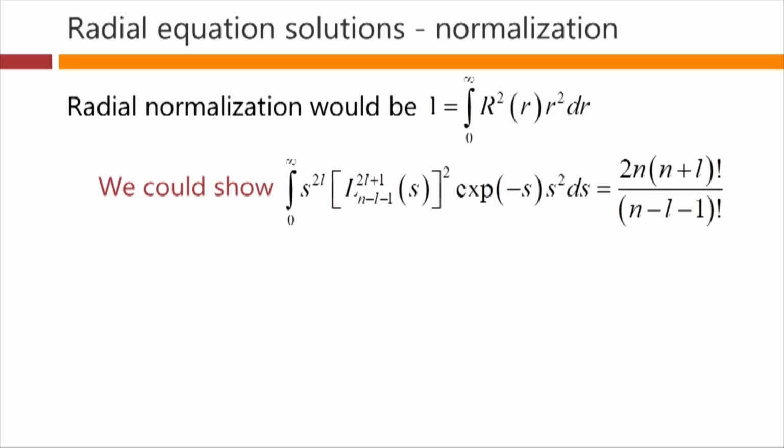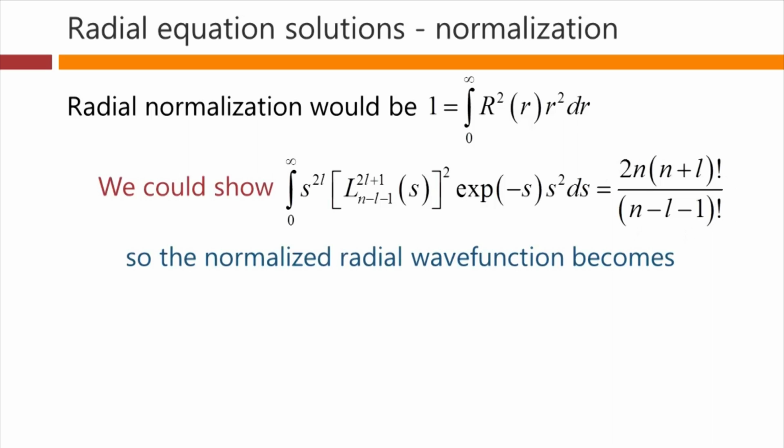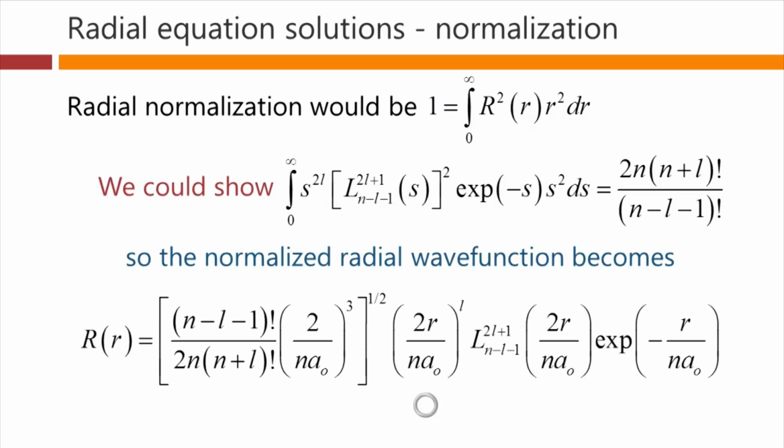We could show, with a little bit of effort, but just relatively standard mathematics, that the integral of everything inside this expression would just come to these factorials on the right-hand side. So the normalized radial wave function would become this expression.